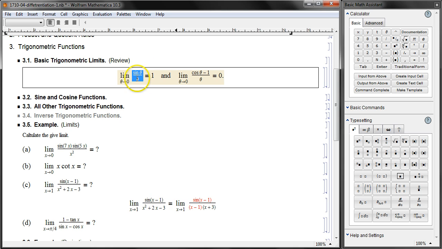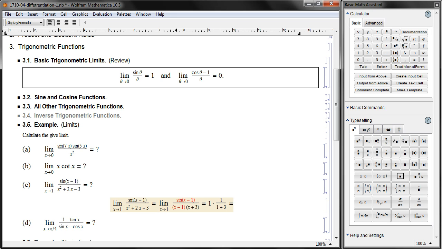behaves this way. Sine of theta over theta, where theta is going to 0. You see, x is going to 1, so x minus 1 is going to 0. So what do you have? We have 1 times plug in x equals to 1 plus 3.